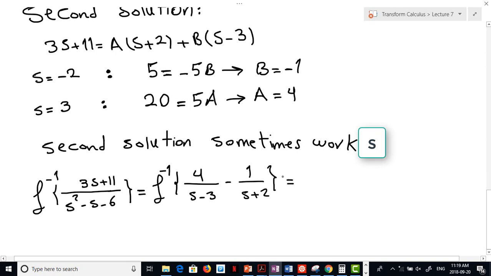And so we know that the Laplace inverse of 4 over s minus 3 is equal to 4e to the power of 3t, minus the Laplace inverse of 1 over s plus 2, which is e to the power of minus 2t. So we could end up with the solution.